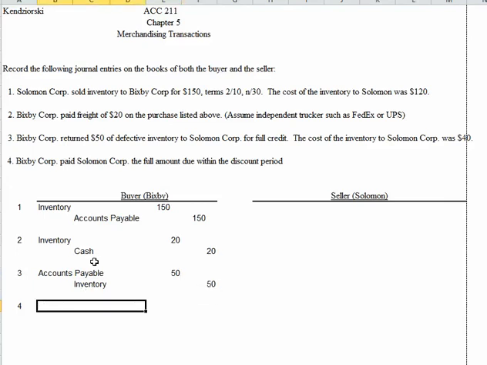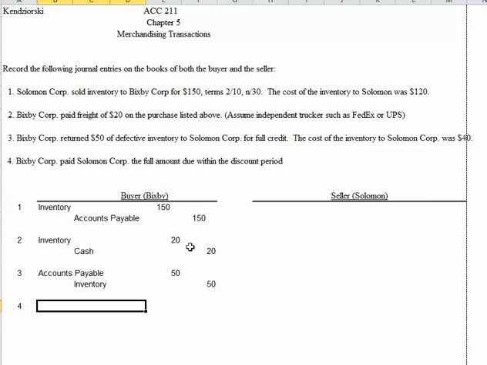For the fourth entry, Bixby is going to pay Solomon the full amount due within the discount period. Before we jump into the entry, let's see if we can calculate how much Bixby is going to have to pay. We started off owing the seller $150. But then, after the return, we now only owe Solomon Company $100.